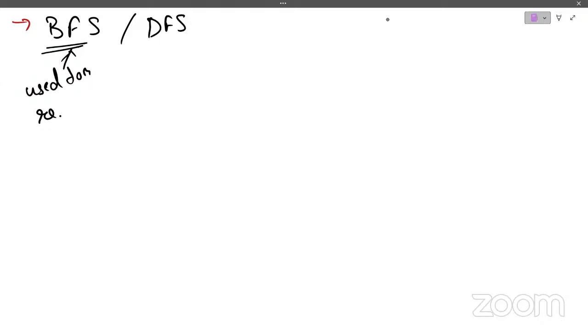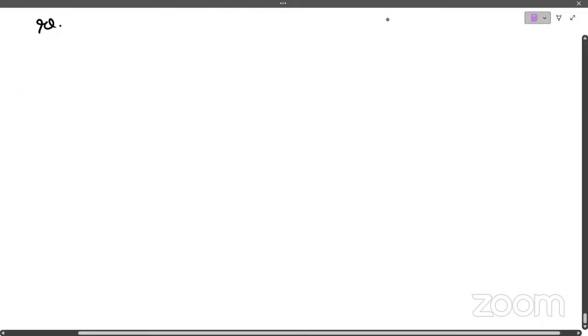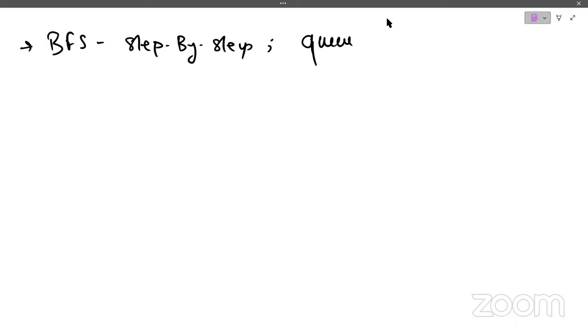So these are just processes. I will explain how this works. BFS works step by step, using the queue structure. I'll explain everything.